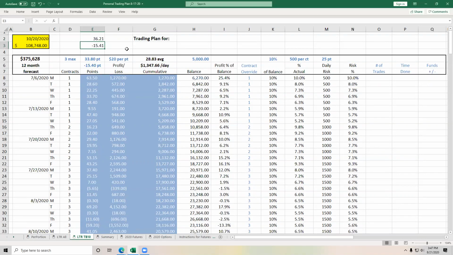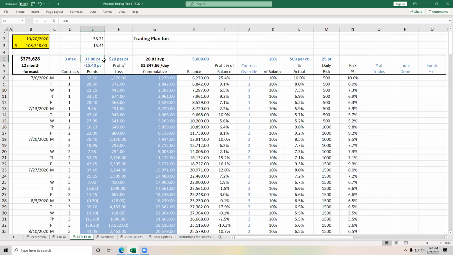So I'm going to leave the losing day points alone, and I'm going to focus on the winning days points. So that's 4 days a week, and we're averaging 36.21. Now here's the critical part. Right here in this field, in cell E5, we want to have that number, which is driving the future forecast.